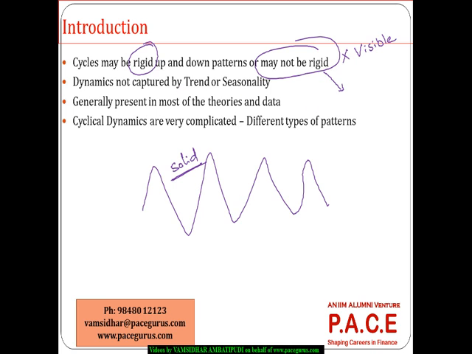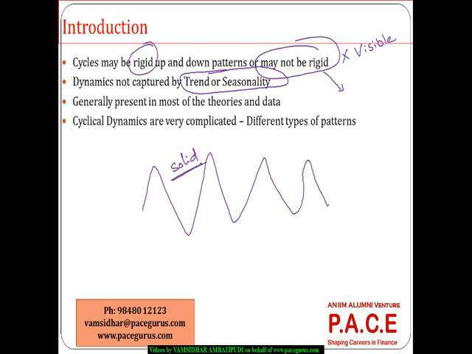So a clear-cut definition of cyclicity is any kind of dynamics present in the data which is not captured by either the trend or seasonality. If there has been a trend, it is captured by the trend analysis. If there has been seasonality, it is captured as part of the seasonality adjustments using seasonal dummies, etc. Anything that is not captured by trend and seasonality goes into the cyclicality analysis.